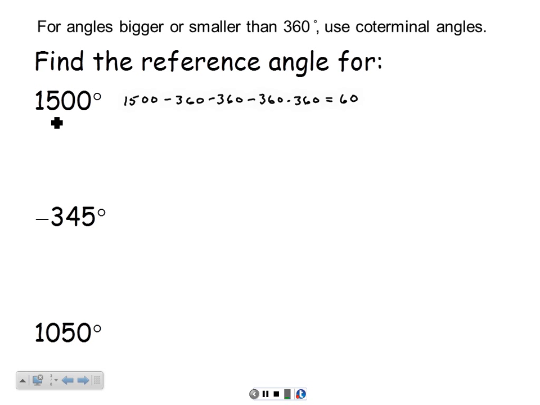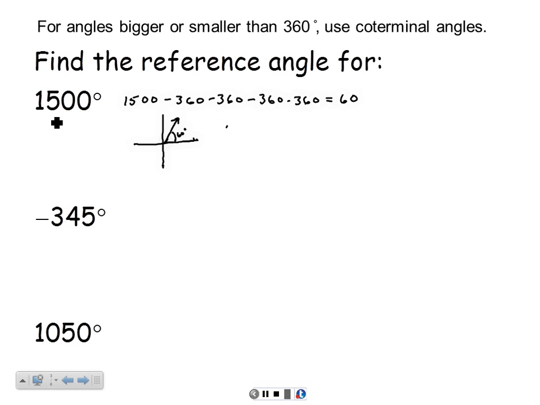So now we can draw our reference angle, and of course 1500 is going to take us 4 rotations, but we just need 60 degrees here. So this is going to be 60 degrees.